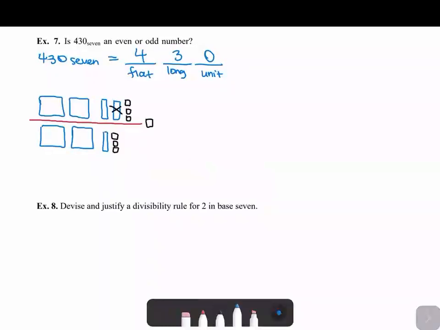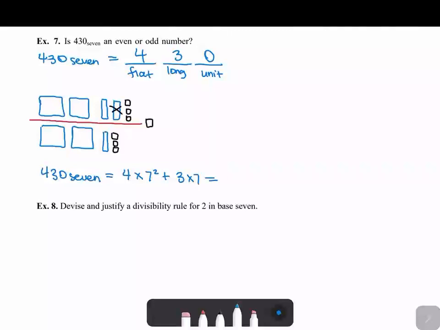And you can also see that by writing it in expanded form and converting it to base 10. So this is 4 times 7 squared, plus 3 times 7, plus 0 times 1. 4 times 49 should be what, 90?